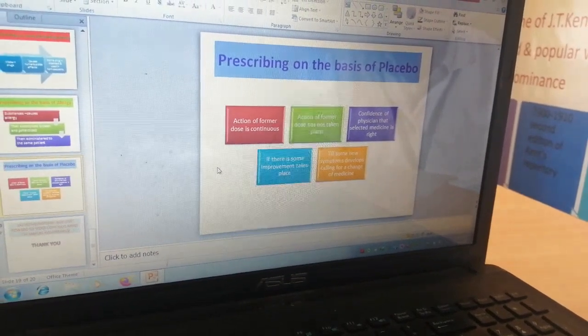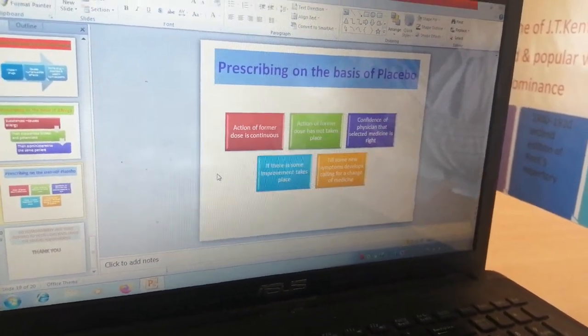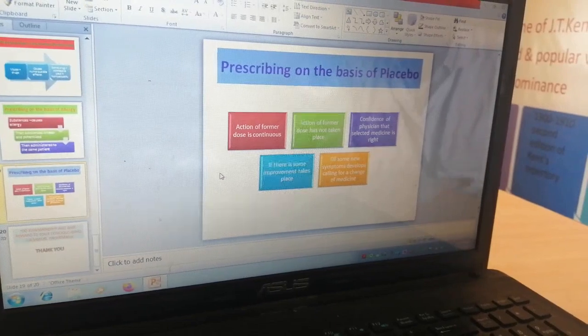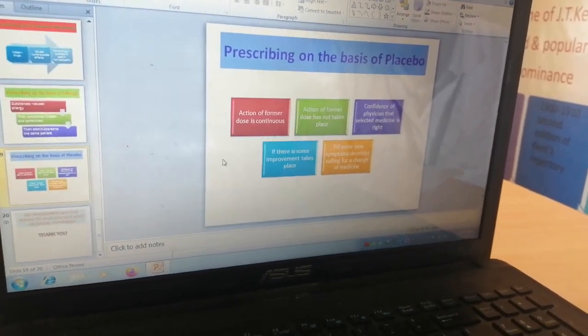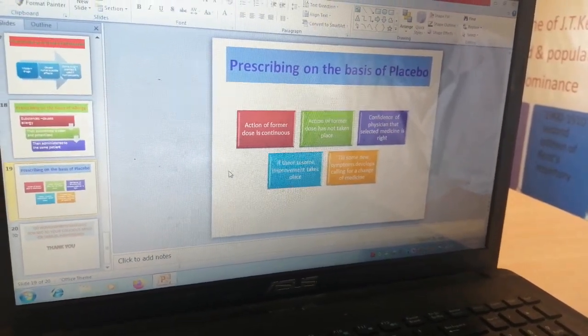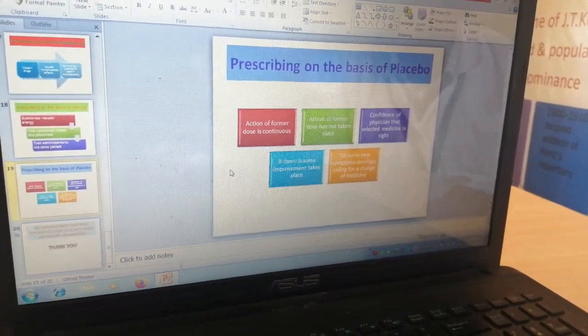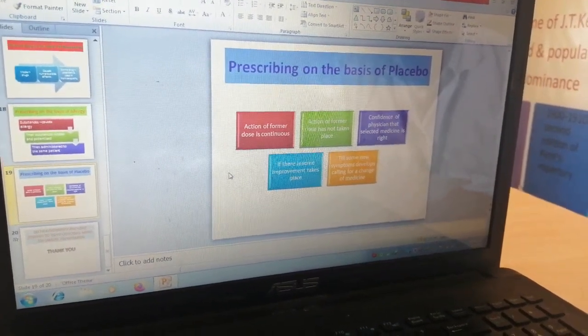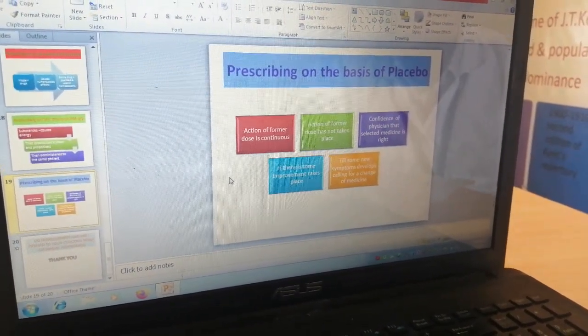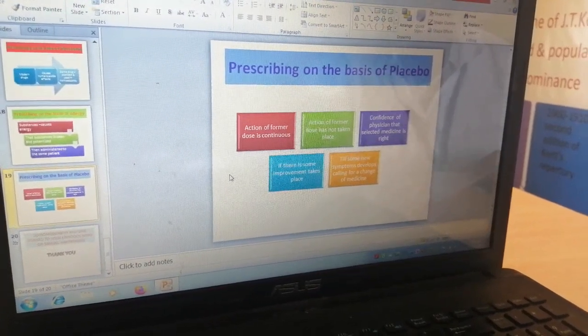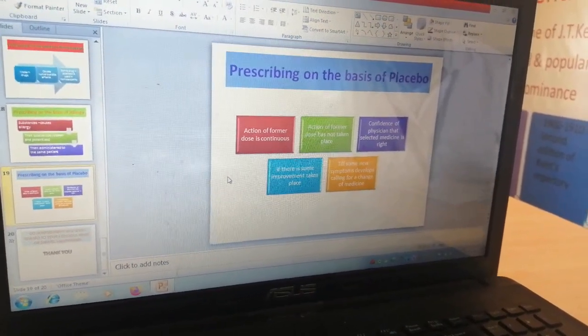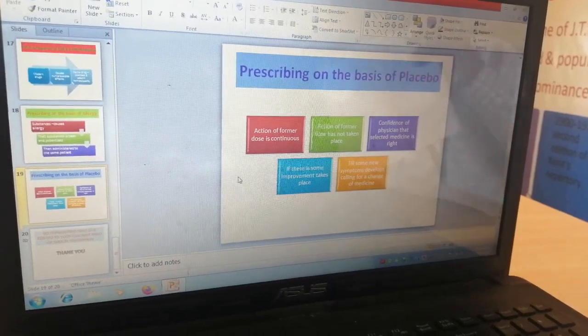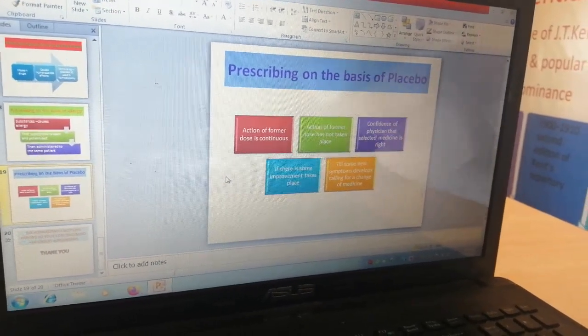Means after giving the correct medicine, if no new symptoms appear in the patient which call for the next medicine, in such cases we have to give placebo. These are some of the indications or conditions in which we have to prescribe the placebo.